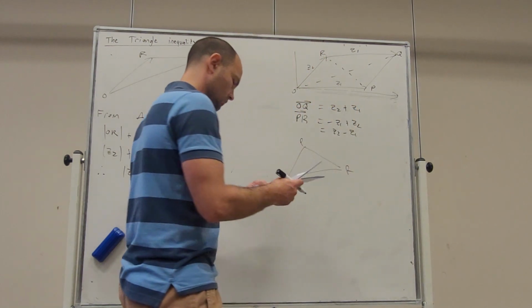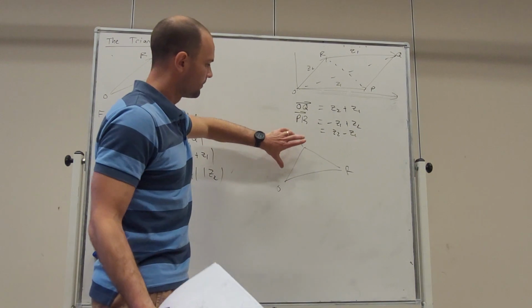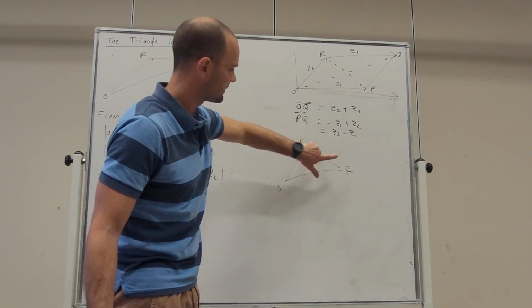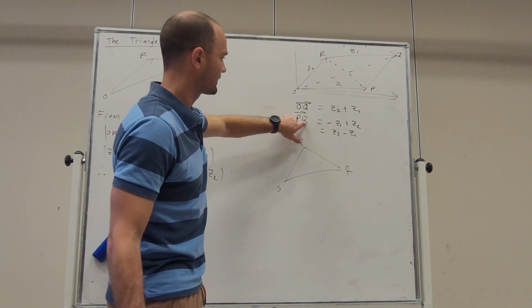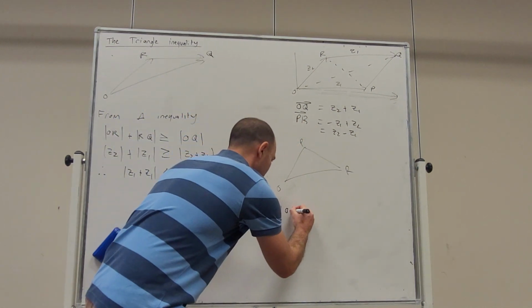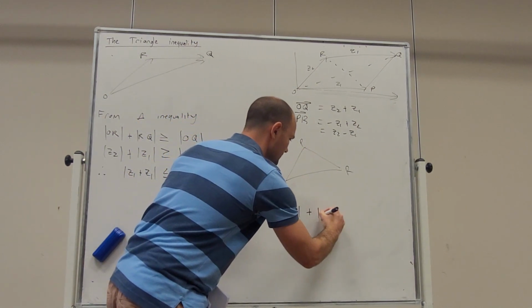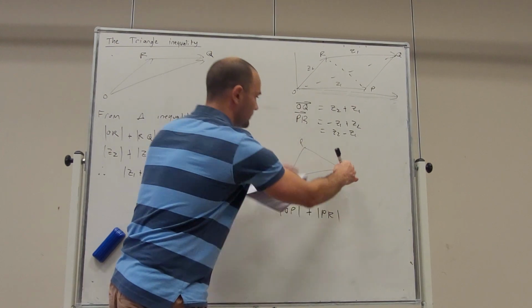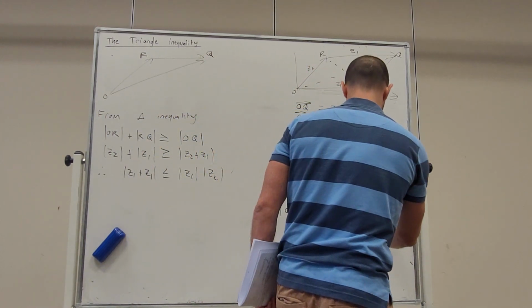We can state it in any way, but the modulus of OP plus the modulus of PR, they're the vectors we've got. So the modulus of vector OP, from here to here, plus the modulus of vector PR from here to here is larger than or equal to the vector from O to R.